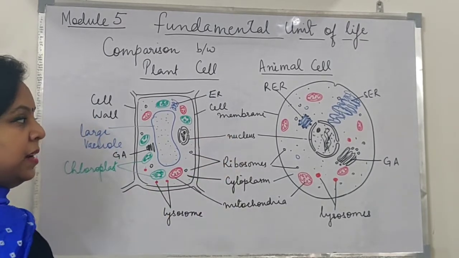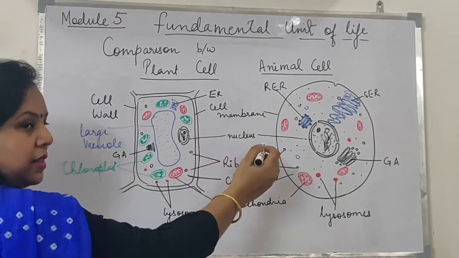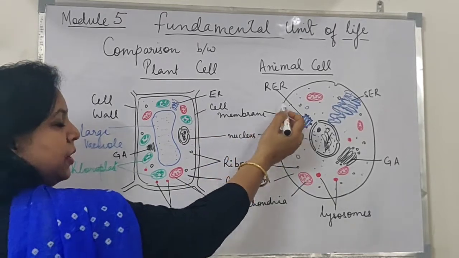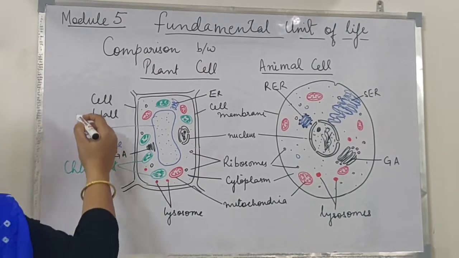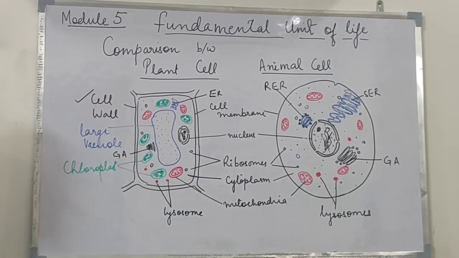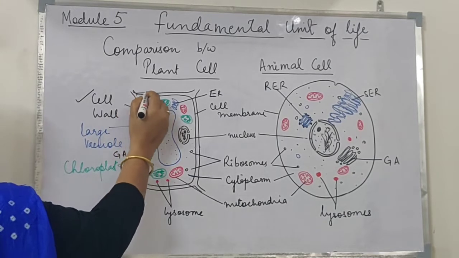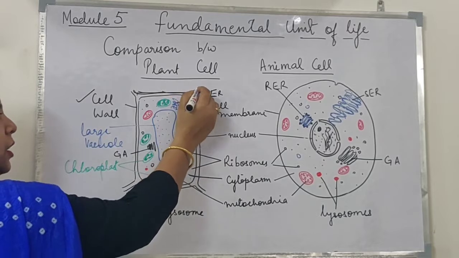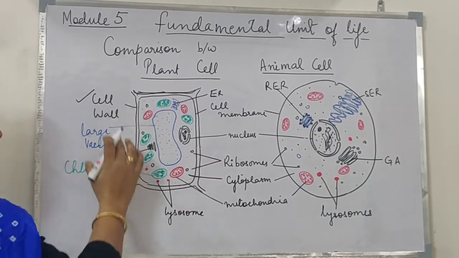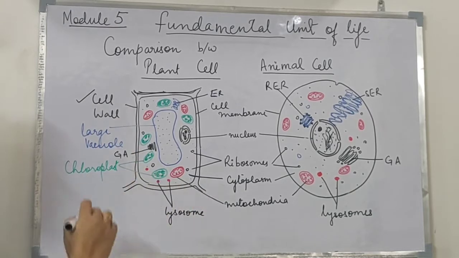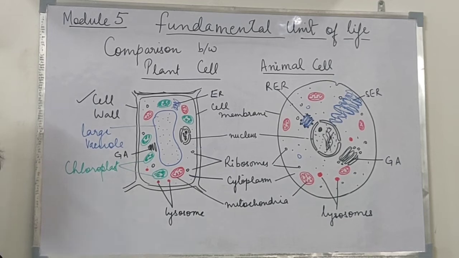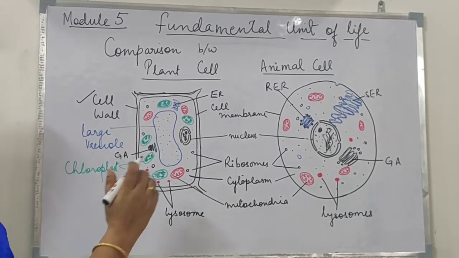The cell membrane, which is present in both the types of cells, forms the outermost covering in case of animal cell, and in plant cell it is the cell wall, which is made up of cellulose, and it gives a little shape, as you can see, and rigidity to the cell. We have already studied about the role of cell wall in holding the shape of the plant cell when it is kept in hypotonic solution.